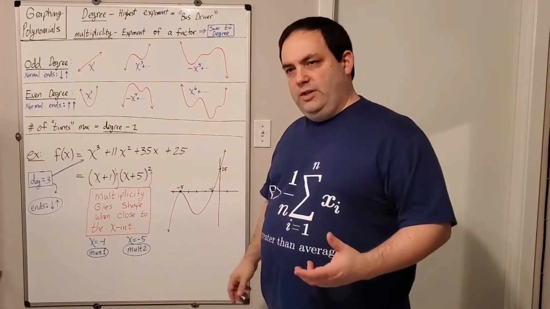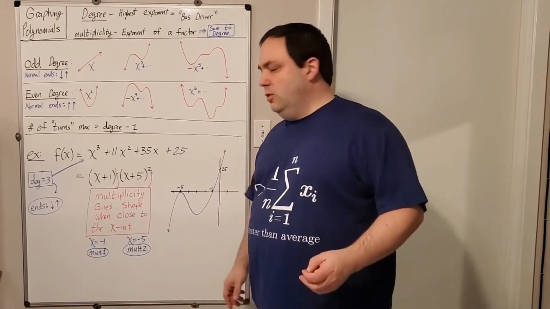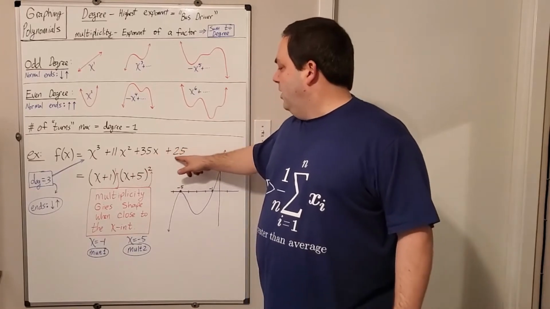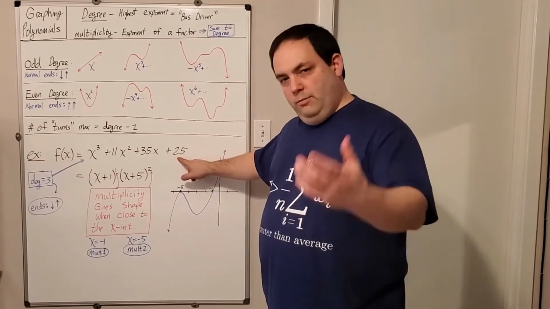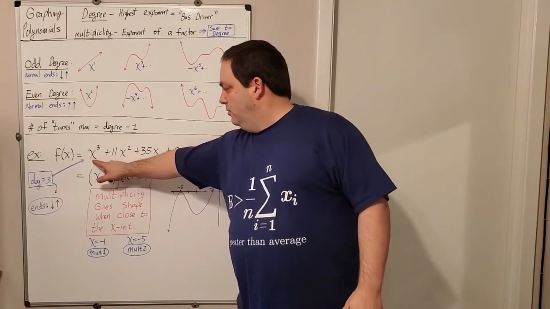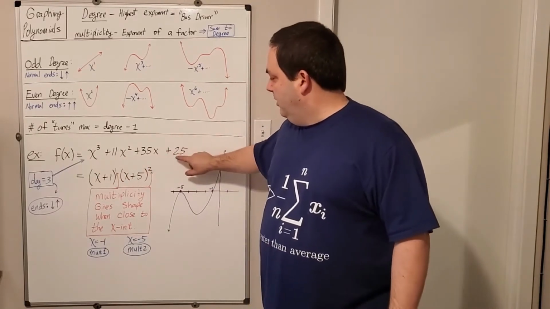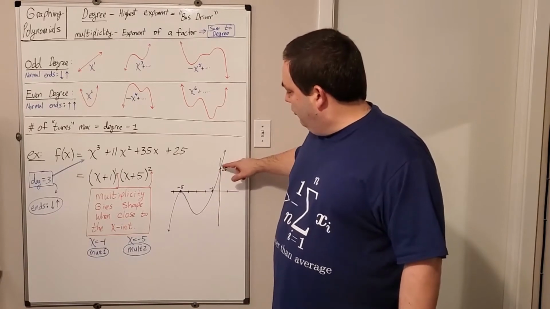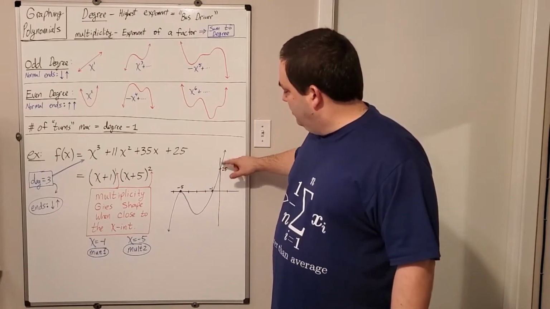Then I just continue on because I have no more x-intercepts. Also, another little side note that can help you in these graphs: I noticed from the standard form that the y-intercept is 25. Remember, y-intercept is when x is 0, so when all of these terms are 0, I'm just left with that number 25. And it worked out really well, I labeled 25 on the axis.